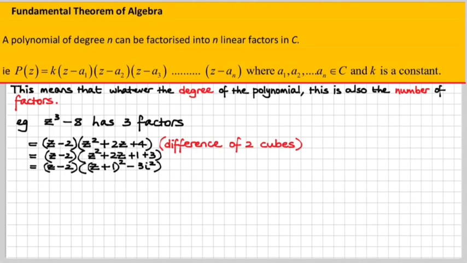Okay, oh, look at that! This is z plus 1 all squared, that's the z squared plus 2z plus 1, but I've turned the plus 3 into minus 3i squared, because as you know, i squared is minus 1. I know, it's just a very, very nice little magic trick.